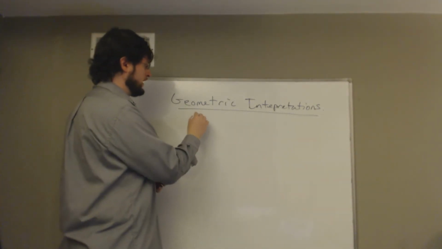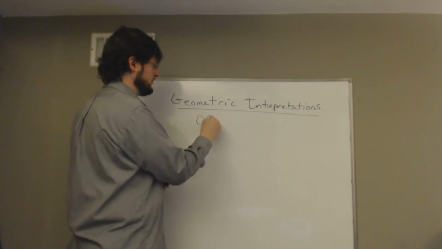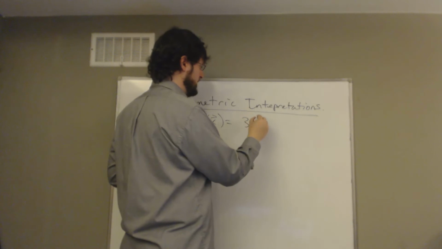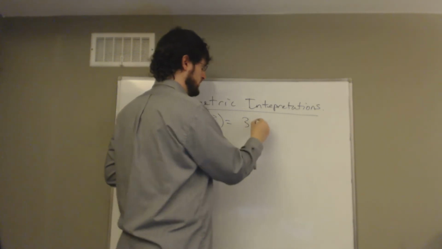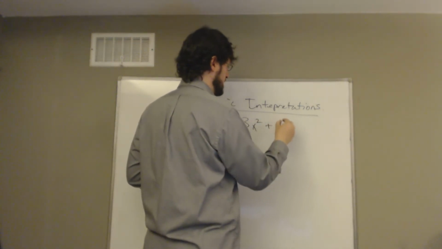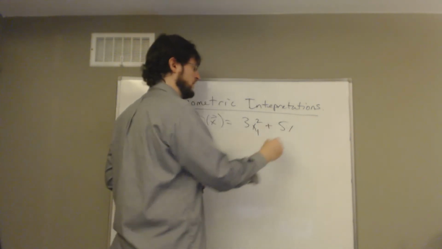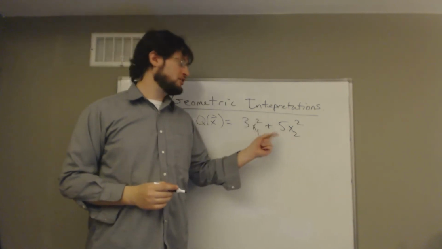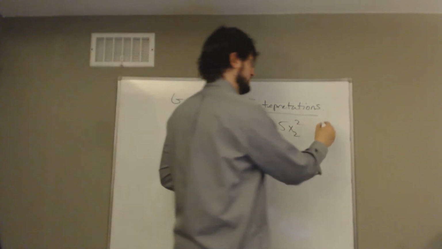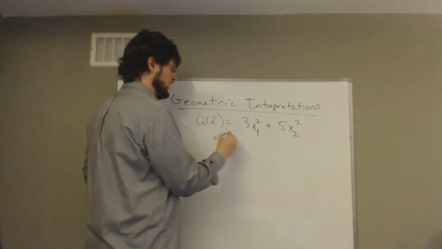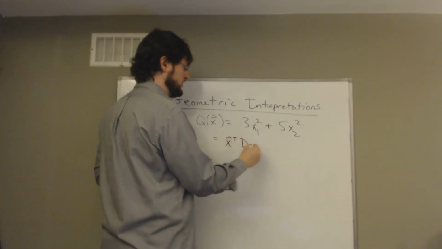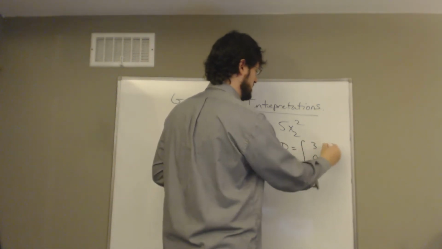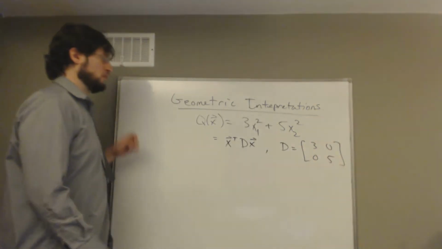Suppose that I had q at x equal to 3x1 squared plus 5x2 squared. So that corresponds to the diagonal matrix 3, 0, 0, 5. This is x transpose D x for D equal to 3, 0, 0, 5. That's what we're looking at.